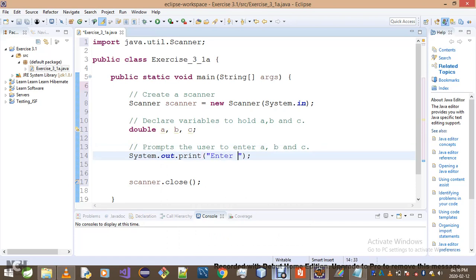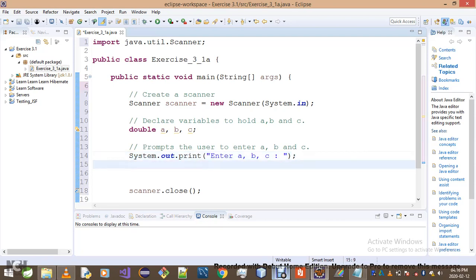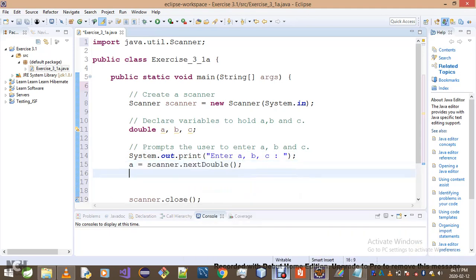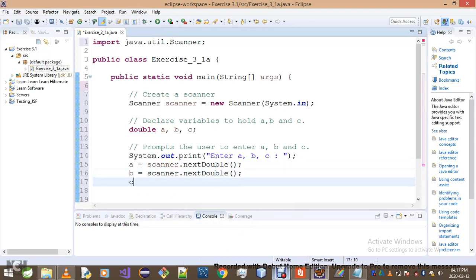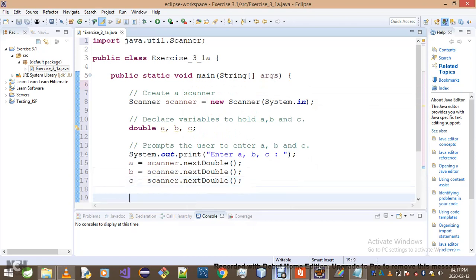Now we've got to go enter A, B, C. What we then do is go A is equal to scanner.next. Everyone knows this part, how to read a value from a keyboard. So I'm assuming there's nothing much to explain on this, right?